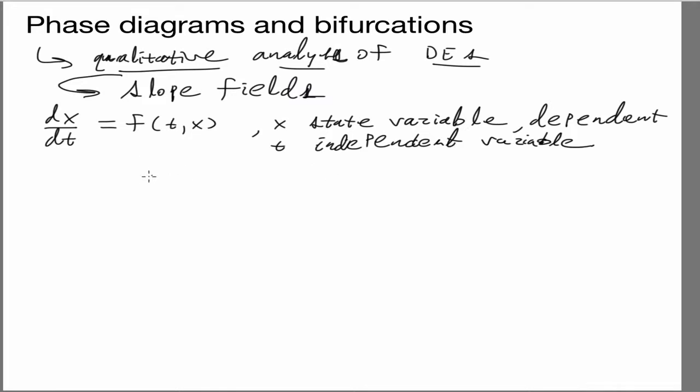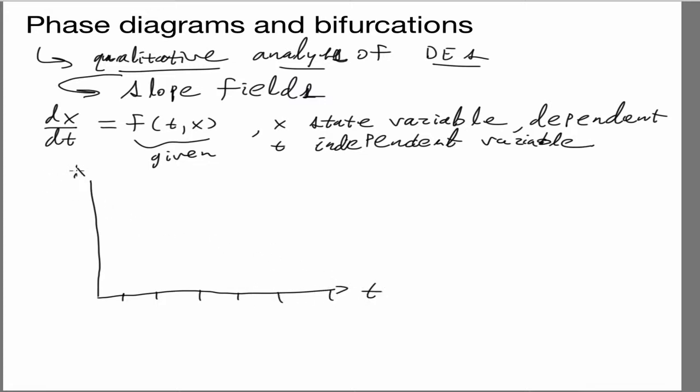We can draw these slope fields with time on the horizontal axis and our state variable x on the vertical axis.